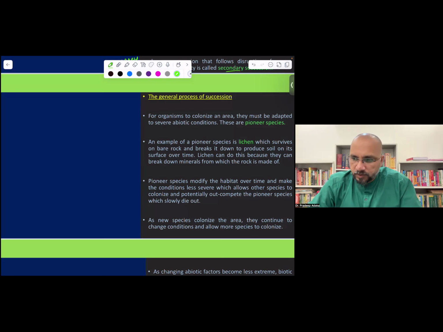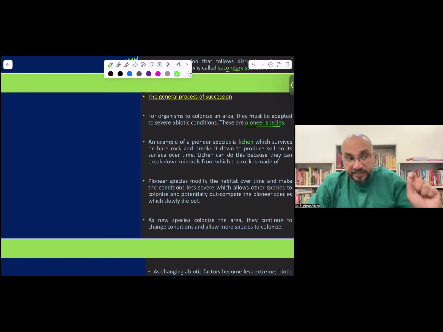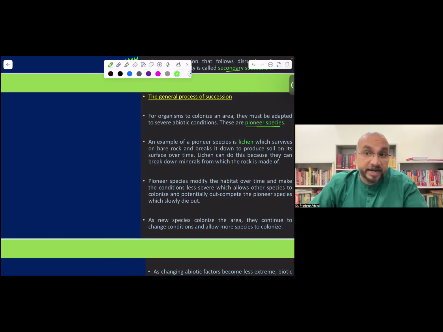So the biotic organisms have to adapt to the abiotic conditions to take over that area. The species which initiates the succession process is called the pioneer species. It is the first species to occupy an area.